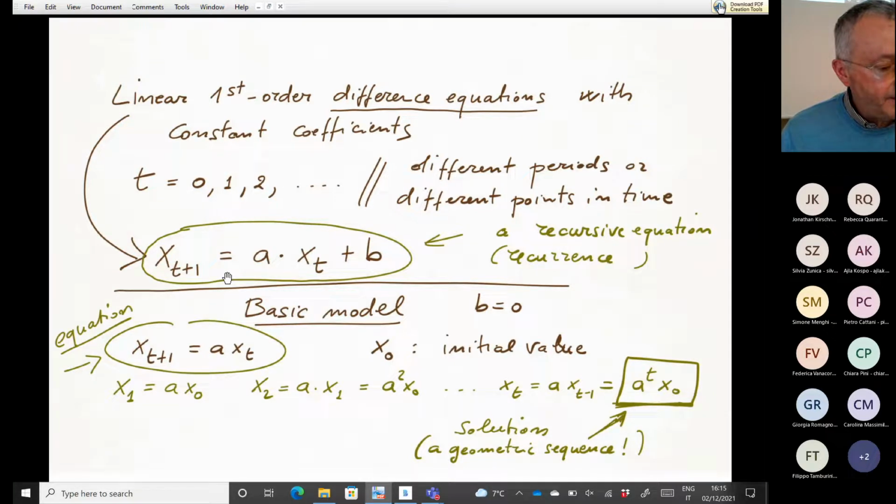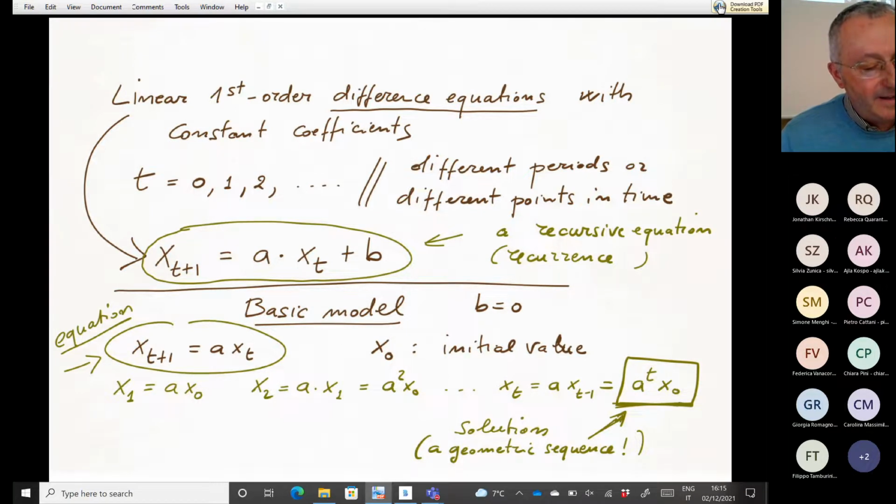Solving this means finding the corresponding sequence of terms of our variable at each time: 0, 1, 2, 3, 4, etc. So there is a big difference in the way the evolution is expressed here. It is expressed in recursive terms. I can compute x(t+1) only if I know x(t).